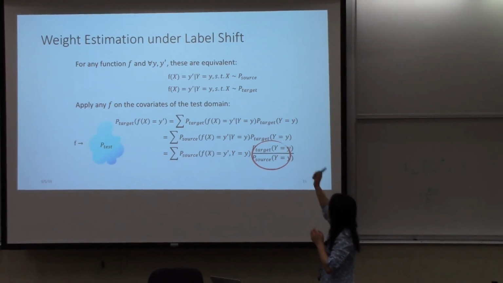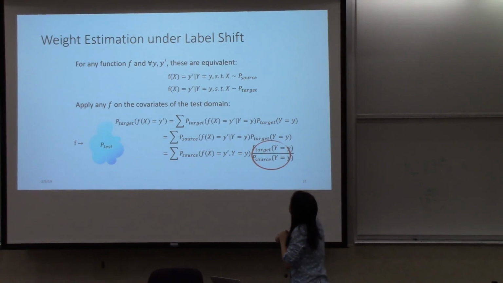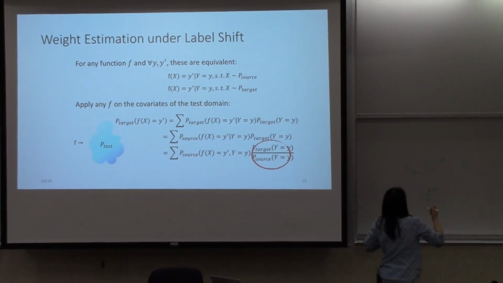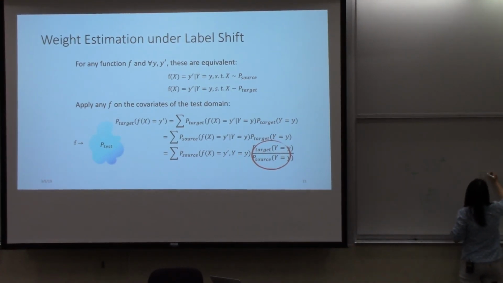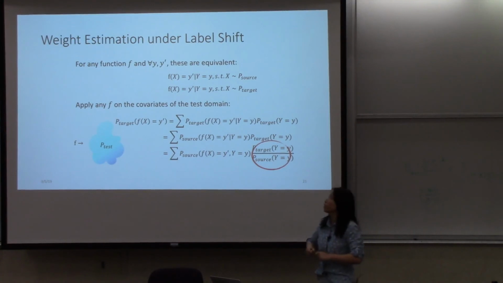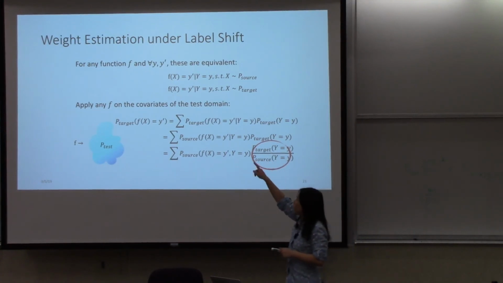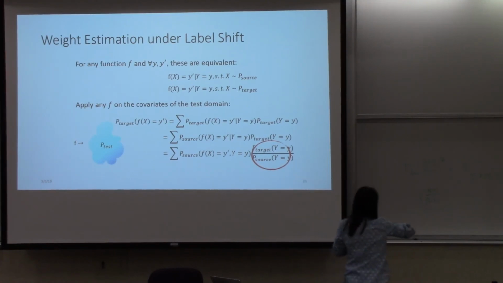So the first two lines are true because p of x given y is the same. If we have a classifier f and we apply it to the x variable, then this still holds.